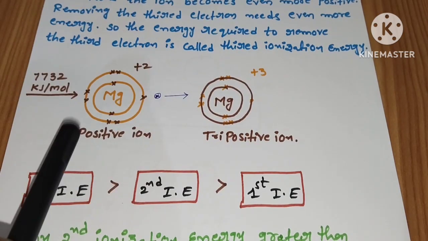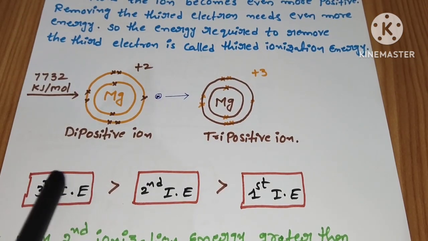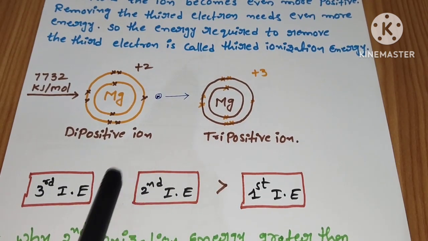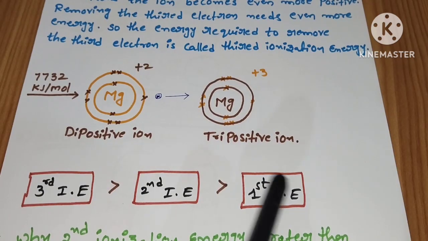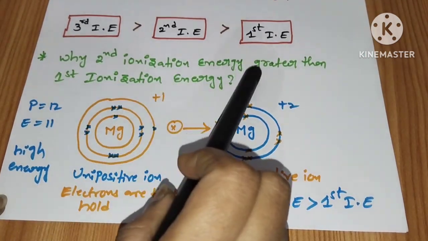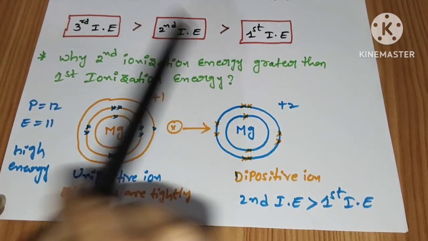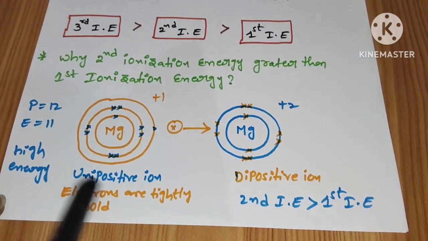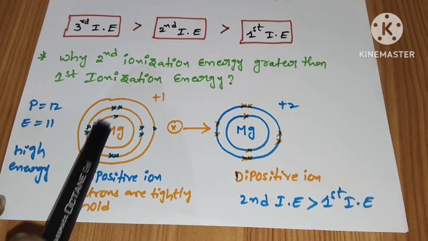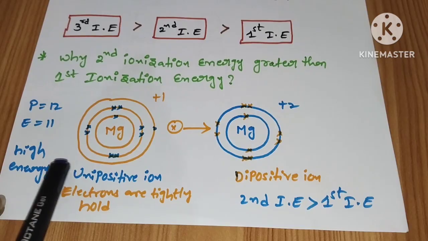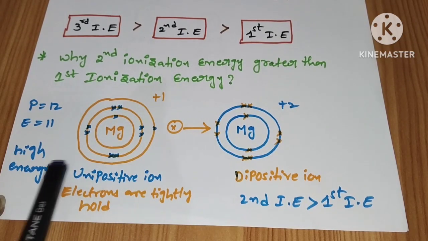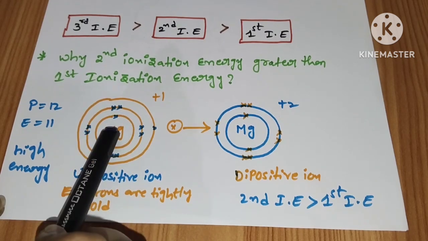We consider that third ionization energy is greater than second ionization energy, and second ionization energy is greater than first ionization energy. Why is second ionization energy greater than first ionization energy? We already learned that second ionization energy removes an electron from a unipositive ion like the magnesium ion.